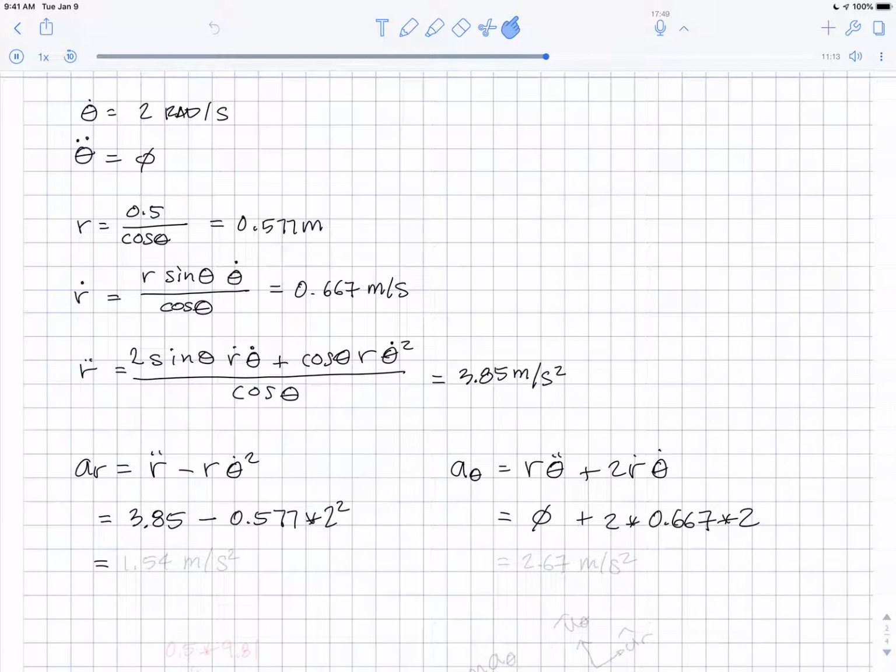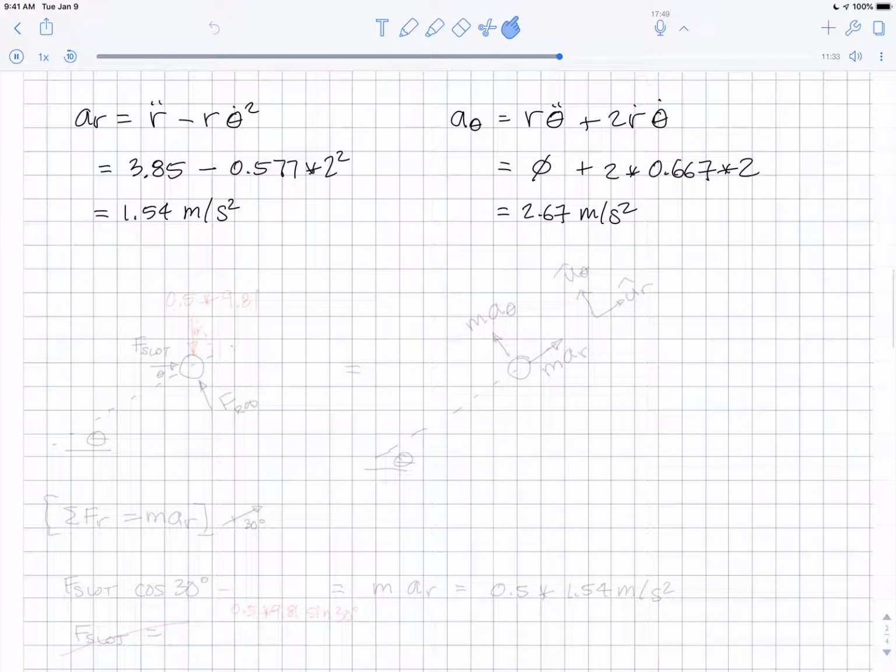Let me pause and run that through my calculator. That comes out to 1.54 meters per second squared, and that comes out to 2.67 meters per second squared.